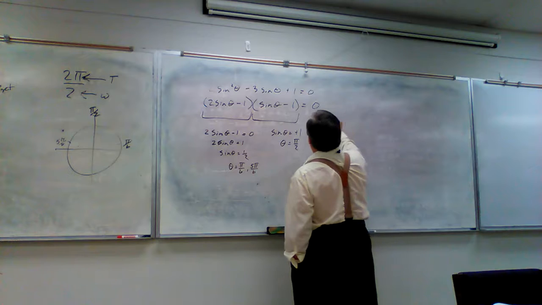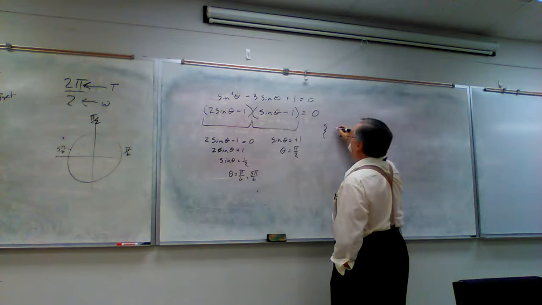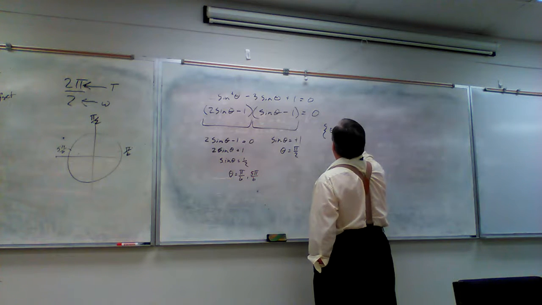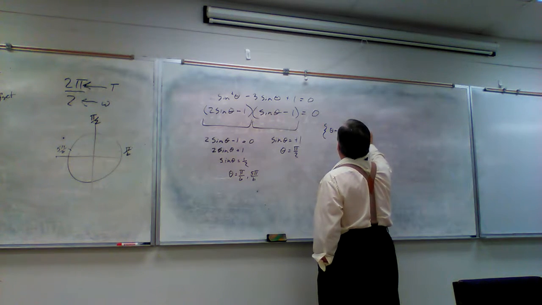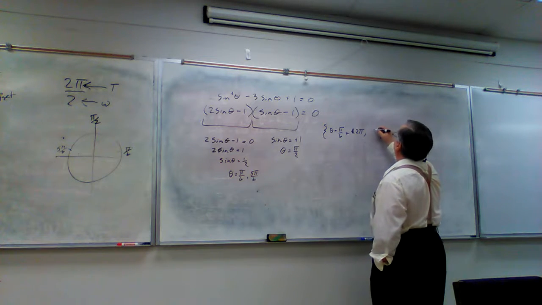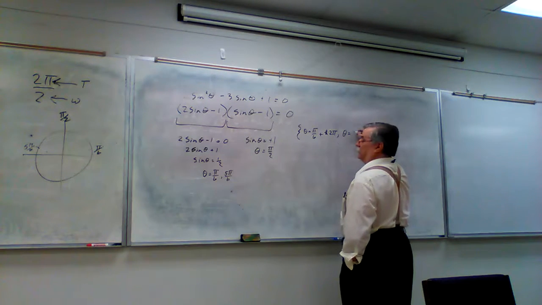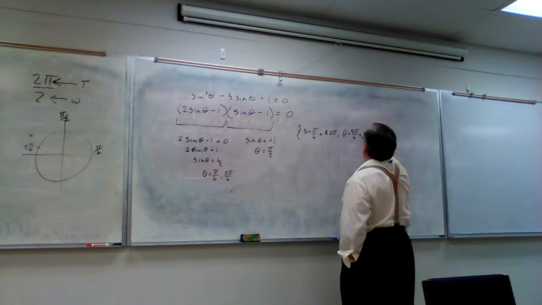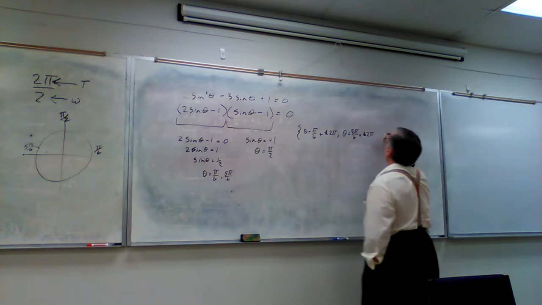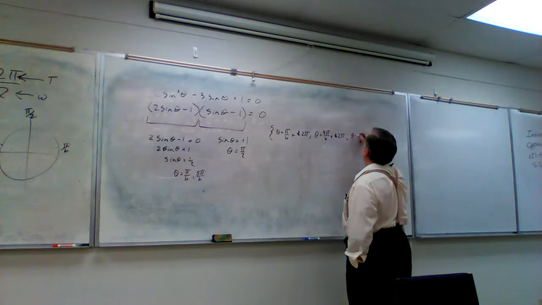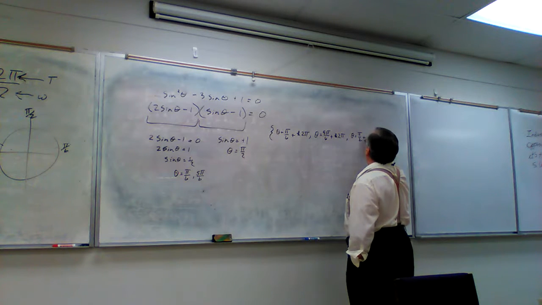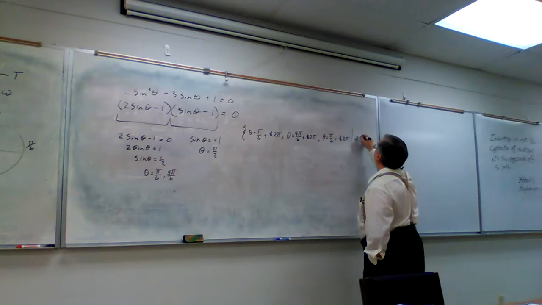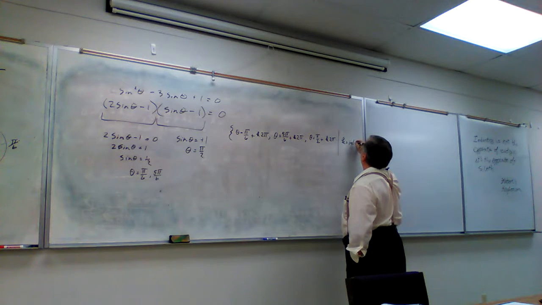So your total solution set would be theta equals pi over 6 plus k times 2 pi, theta equals 5 pi over 6 plus k times 2 pi, and theta equals pi over 2 plus k times 2 pi, for k equals an integer.